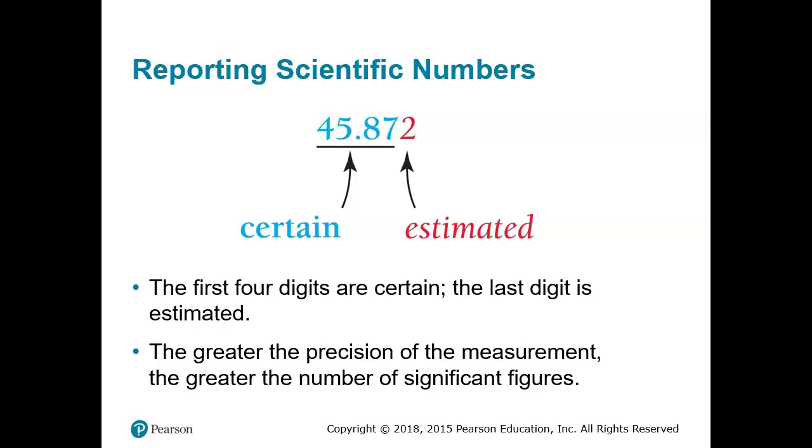Now, depending upon what instrument we use, we could end up having different layers of precision, but each of those layers of precision will only ever have just one estimated digit. Otherwise, we start to call into question the validity of the measurement itself.